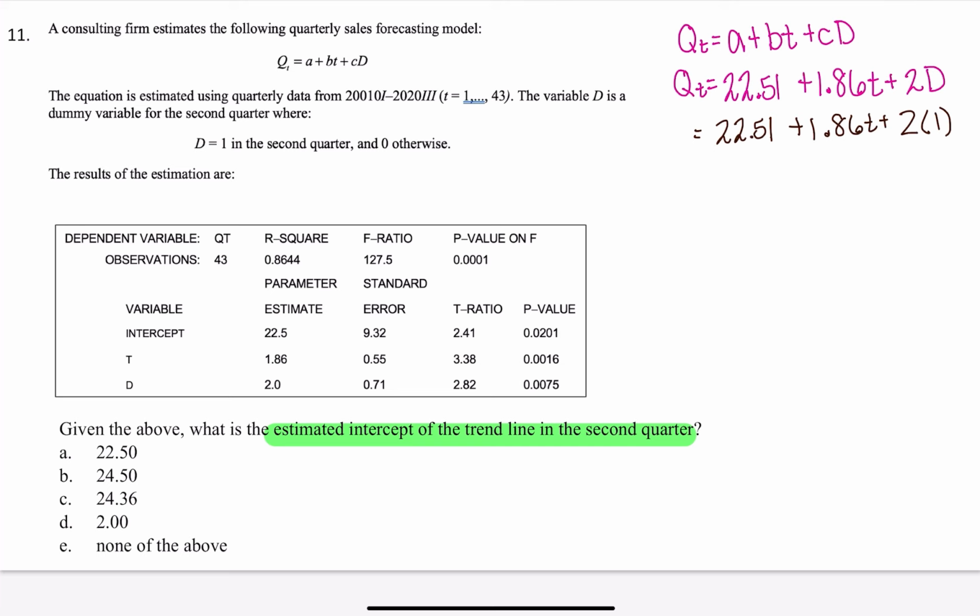Which means we can add this and this term together and get 24.5. So this is going to be our intercept, and then if we were to have more information, we could keep going and substitute in for a specific point, but our intercept will be 24.5.